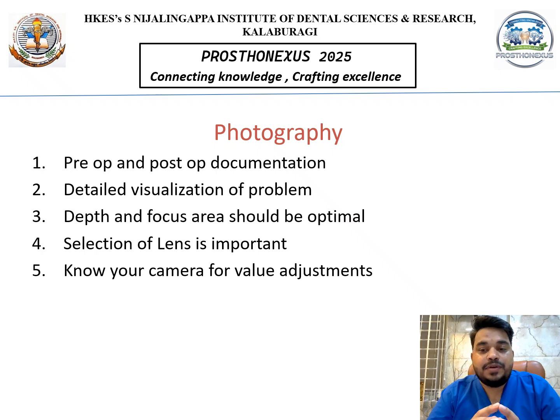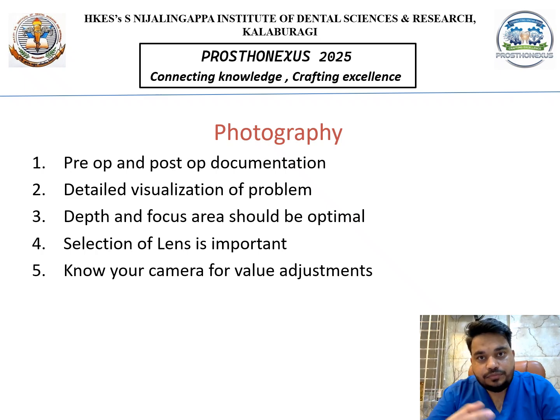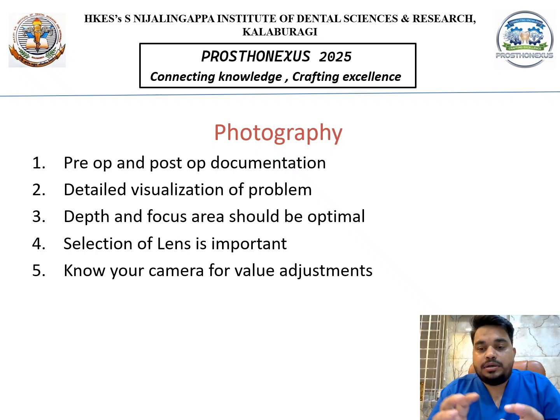Why is the selection of lens so important? There are hundreds of lenses in the market. Whenever we are doing intraoral photography, there are specific lenses which will take good, detailed intraoral images. Usually we use a 100 mm macro lens for intraoral photography.